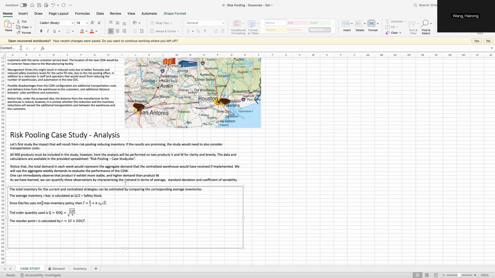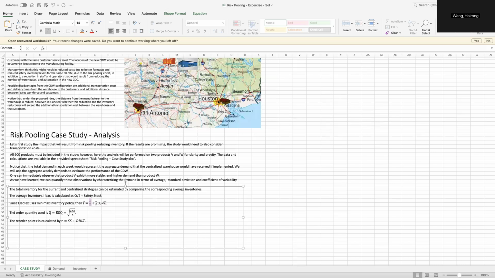And then by using the min-max inventory policy, I bar can be calculated by this one. The first term, Q over 2, refers to the average replenishment cycle.